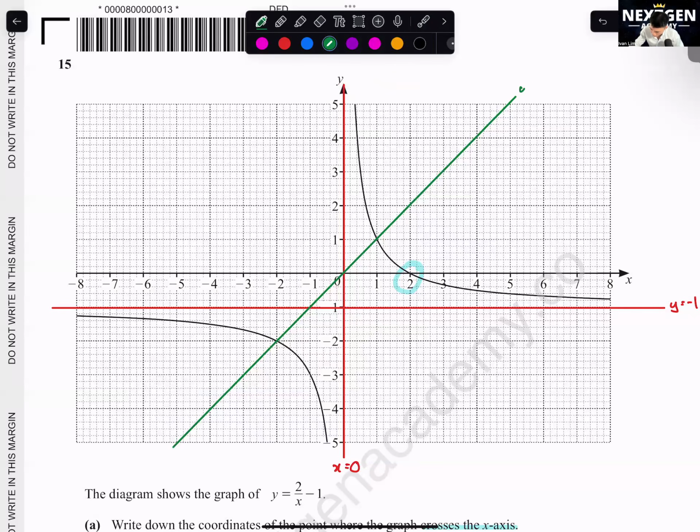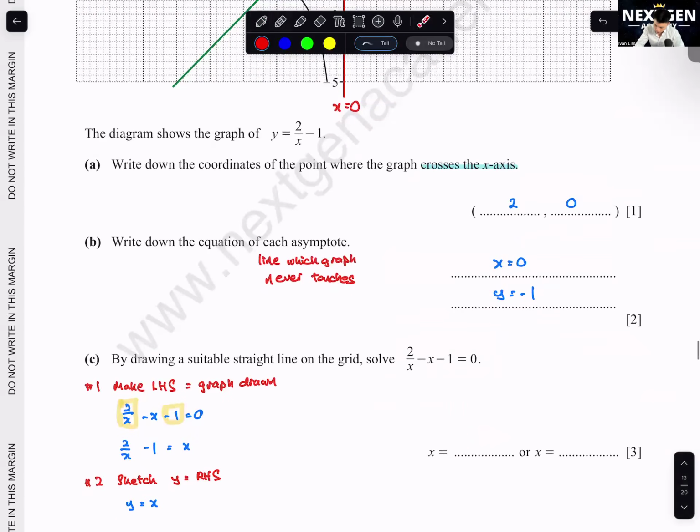Okay, this is a y equals to x line. It's a symmetrical line like that. Okay, then the third step, after you sketch ready, you find the point of intersection between the line and the graph.